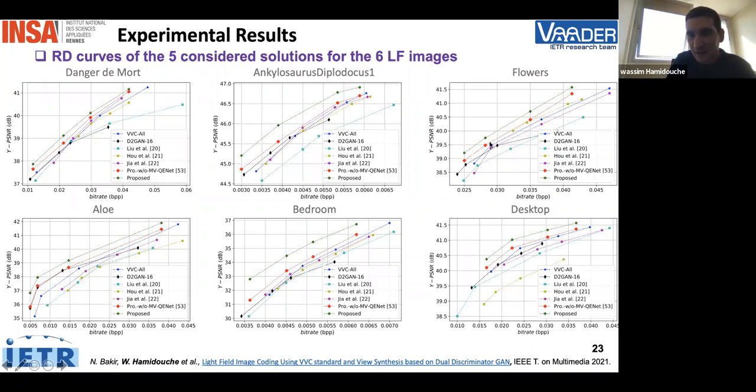To be clear, the red configuration was proposed to the ACM conference, and the green configuration is the extension to the journal, and we show a clear improvement in terms of PSNR quality for the 6 light field images. We compare to many state-of-the-art solutions, and we always reach the highest PSNR quality.